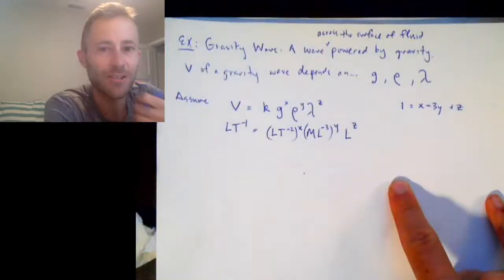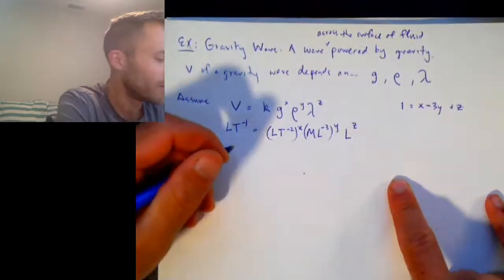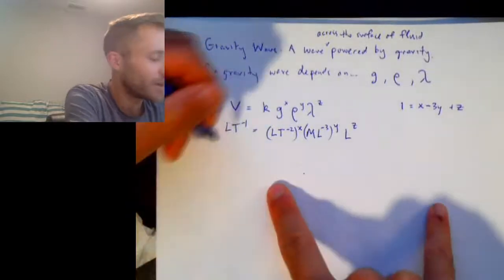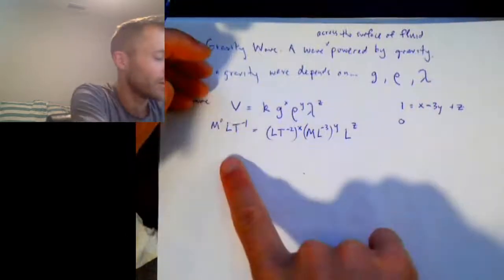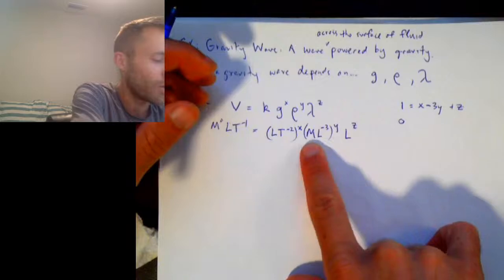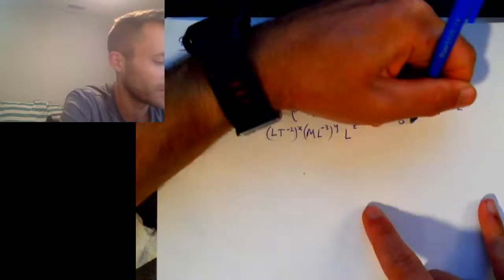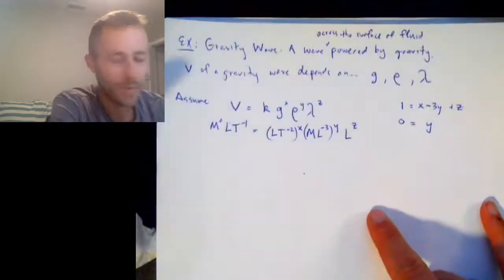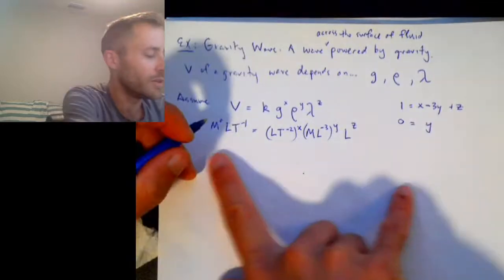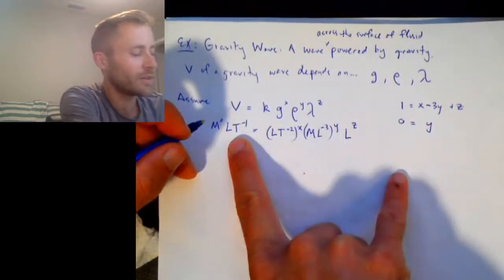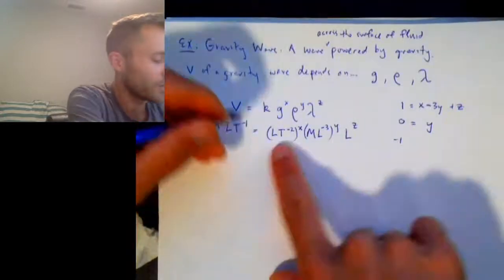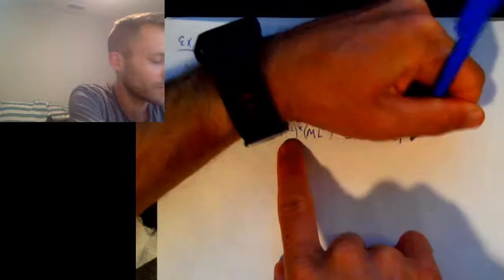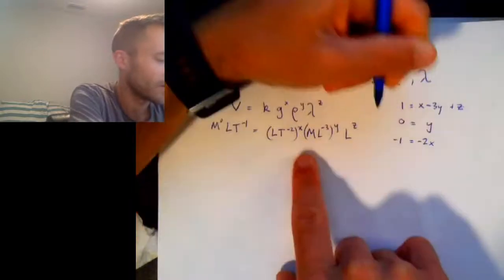All right, so that's matching powers of L. Matching powers of M: here I have M to the 0th power on the left-hand side, and on the right-hand side I have M to the yth power. So that means that y equals 0. And then on the powers of T, on the left-hand side I have T to the negative 1. On the right-hand side I have T to the negative 2x. And that's it.